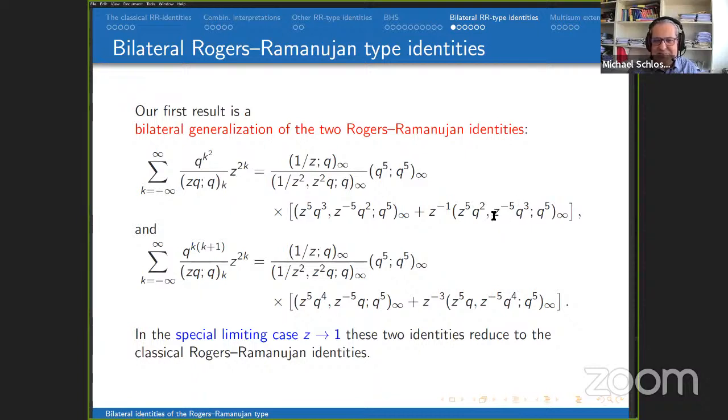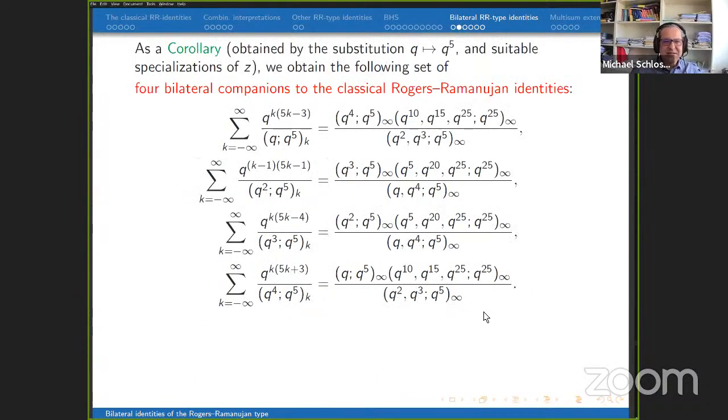And if you then let z be q to the 3rd, this will create a 1 here, and a 1 in the infinite product, which makes it vanish. So this will just drop out. With these specializations, which I'm pointing out on the next slide, one of these two infinite products will just be 0, and you have really a product formula. And these are what I now call bilateral companions of the classical Rogers-Ramanujan identities.